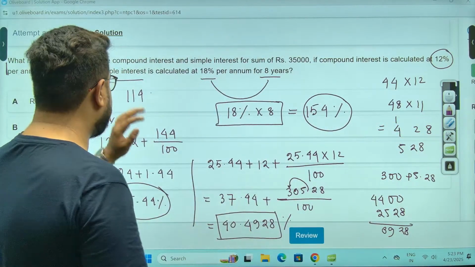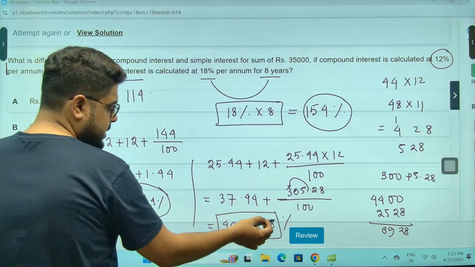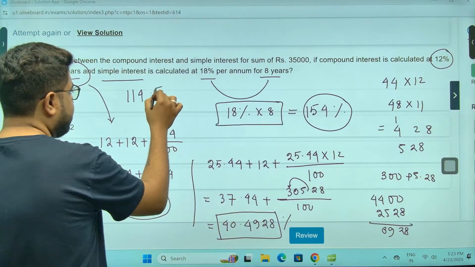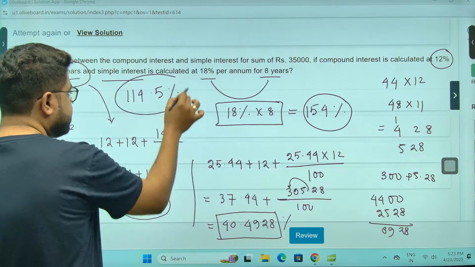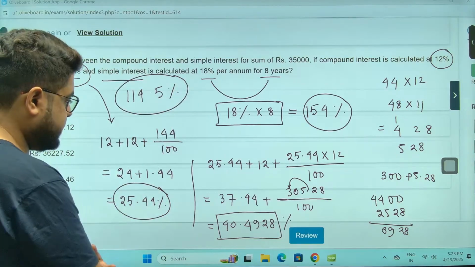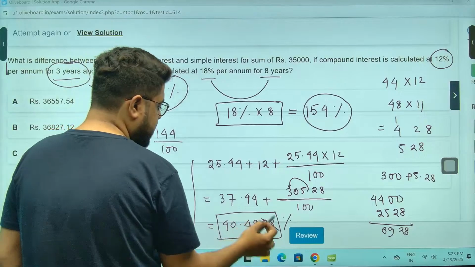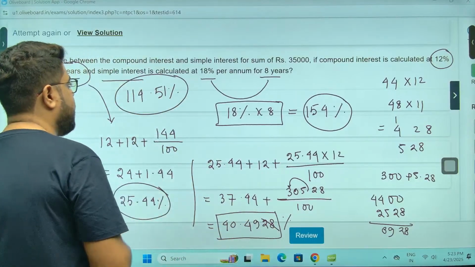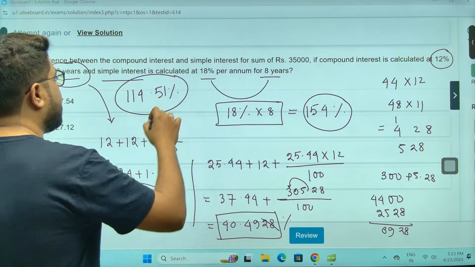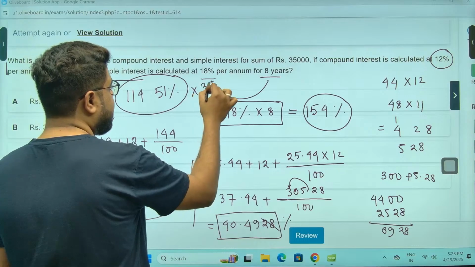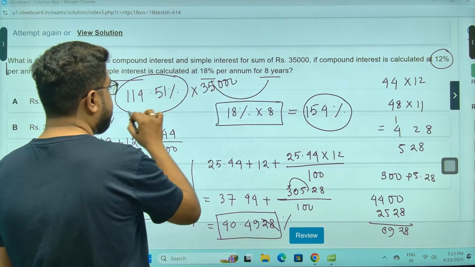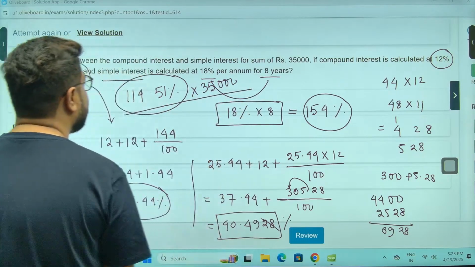It is almost 0.52%. Almost 5%, take that, sir. So let's take only 49, okay, so it is 51%. This much of 35,000 will be your answer.